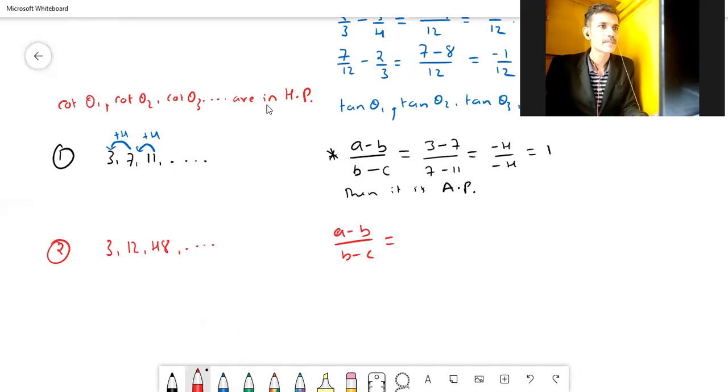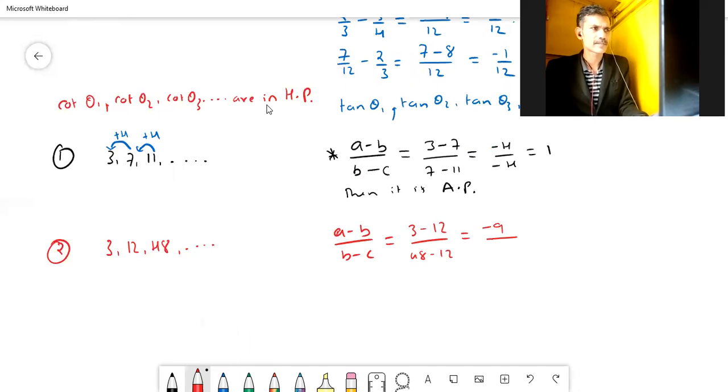That is 3 minus 12 over 12 minus 48. This is minus 9 over minus 36. Minus minus we can cancel. You can divide by 3, and what you will get is 3 over 12. 3 is nothing but the first term and 12 is nothing but the second term.